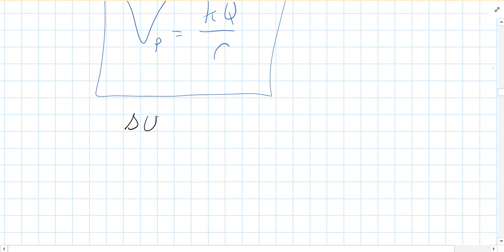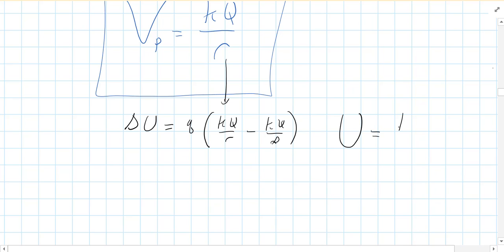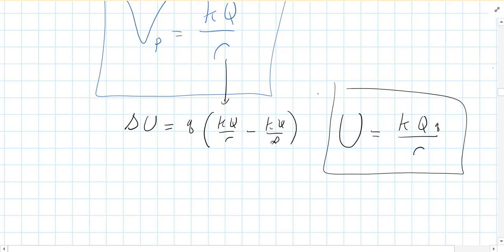So our change in potential energy would be his charge times this voltage, which would be KQ over R. Now, just for fun, I'll write minus KQ over infinity if we're starting at infinity, which that whole thing is just 0. And so you get the potential energy of that two-charge system is K big Q little q over R. Now, that's true for the potential energy of any two charges.